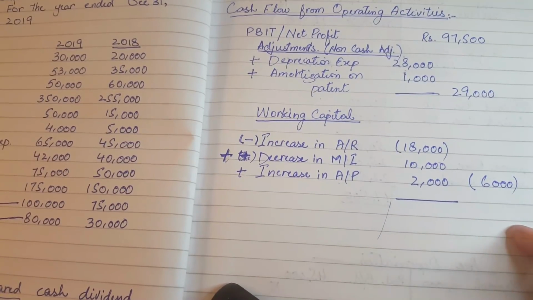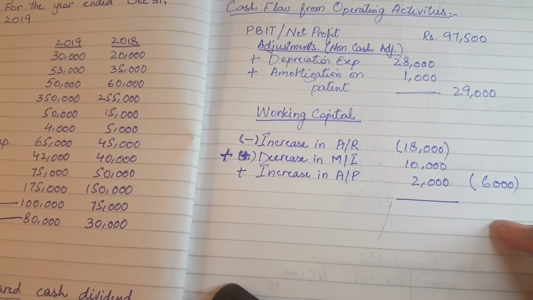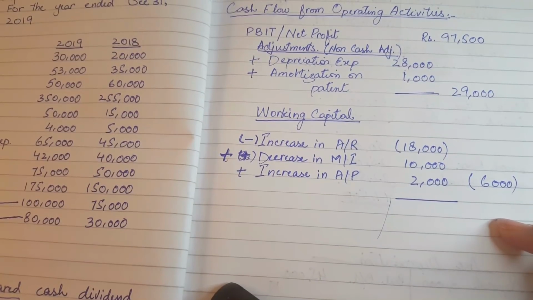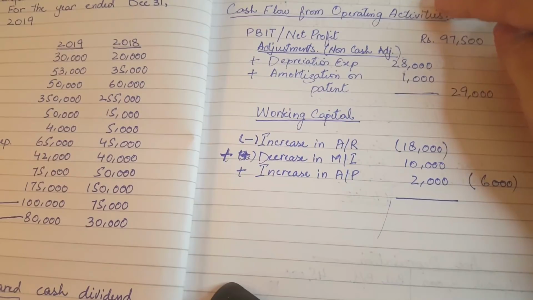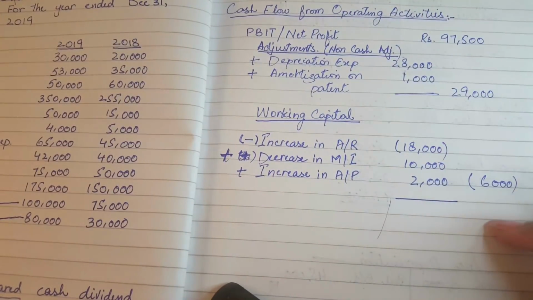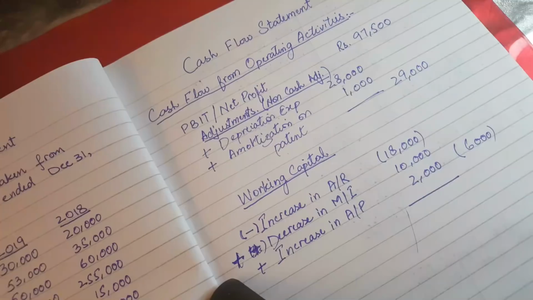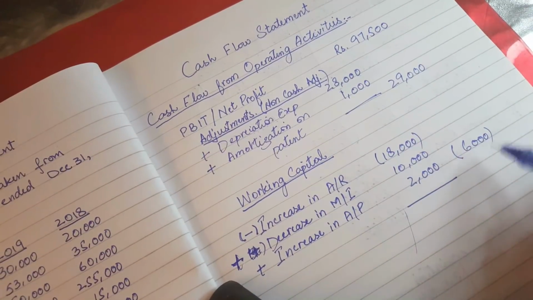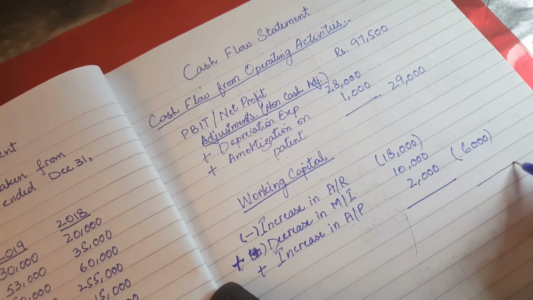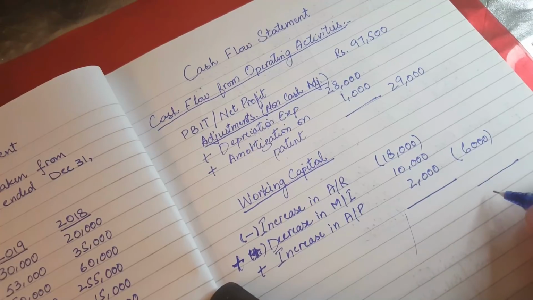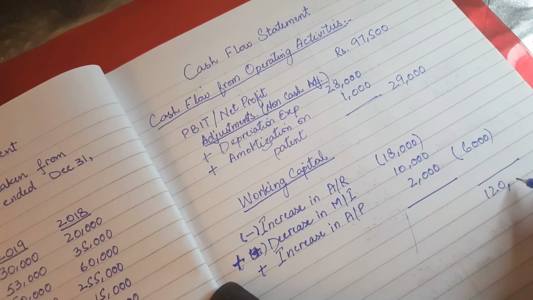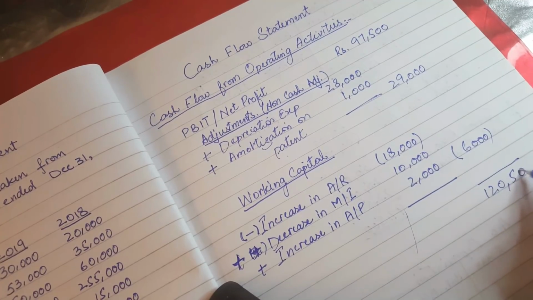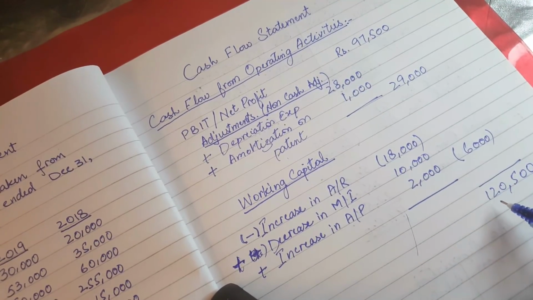So the net amount will be written as cash from operating activities. We were calculating cash from operating activities, so we will write the balance here.